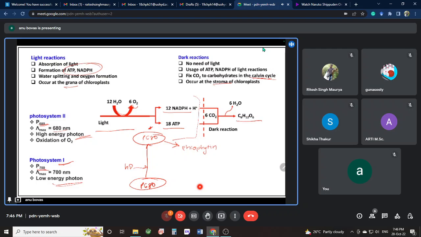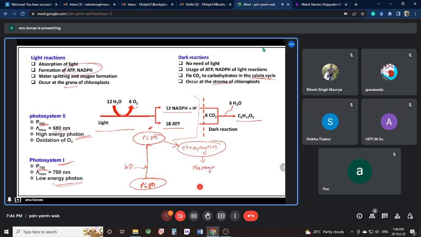You should know the name of the molecule through which these electrons are transferred, so that if a question asks to which molecule P680 is giving its electron, pheophytin is the answer. Pheophytin will give to plastoquinone.